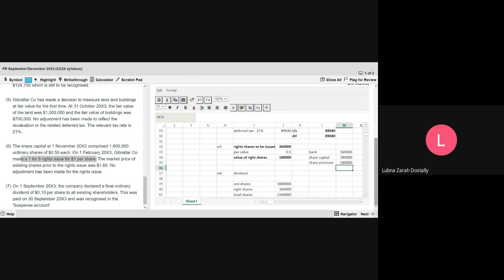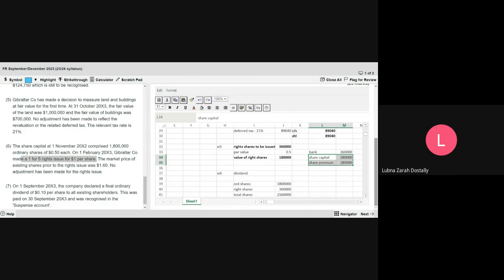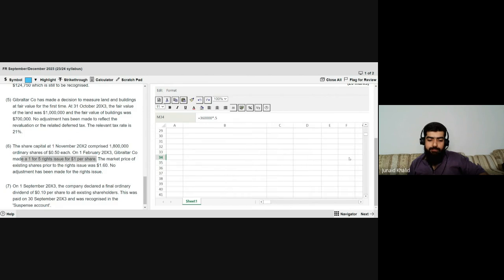So in this particular case, when we are issuing the right shares, the amount of share capital is being increased, and the amount of share premium is also increased. Am I right? This has been increased by 1,80,000 and 1,80,000.